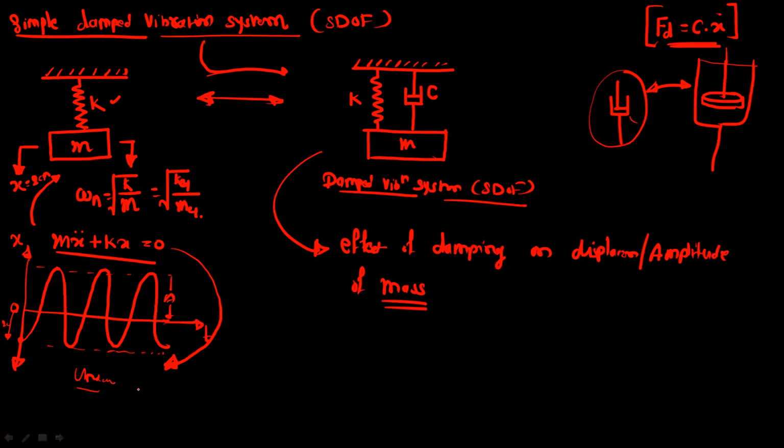So what is the equation of this waveform? This is x is equal to A sin omega n t, or x is equal to A cos omega n t. Any one equation will give the waveform like this.